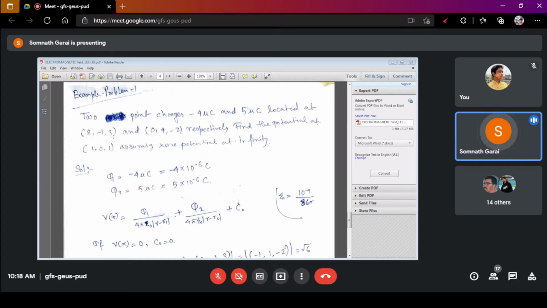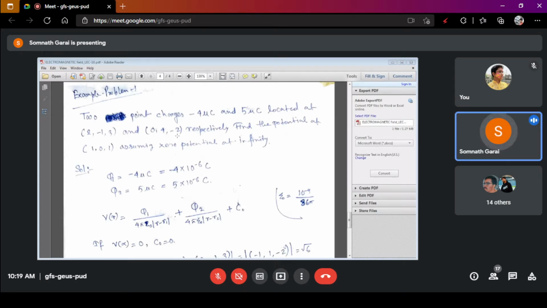And another point charge q2, whose value is 5 microcoulomb, is situated at vector location (0, 4, -2).